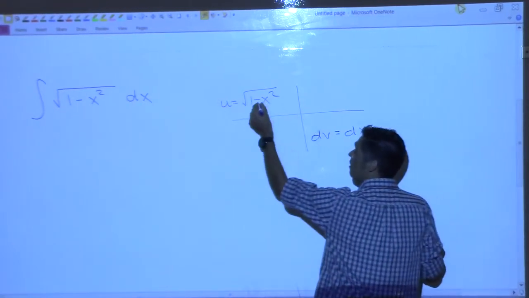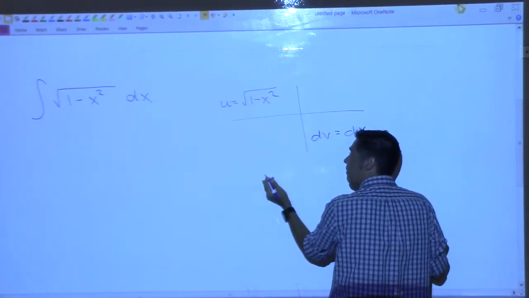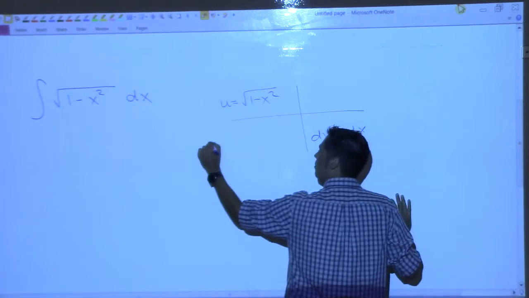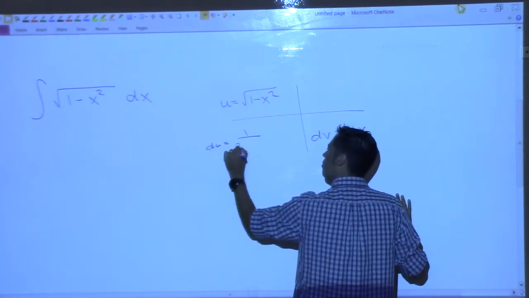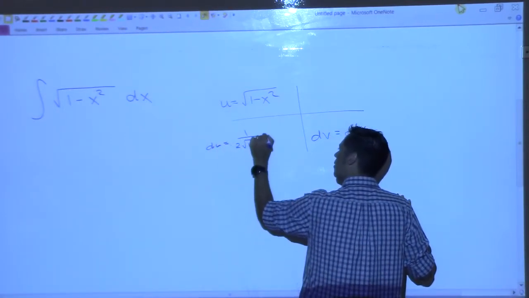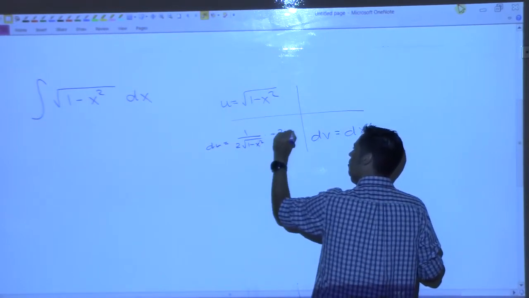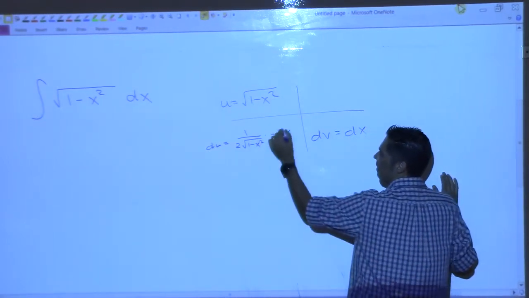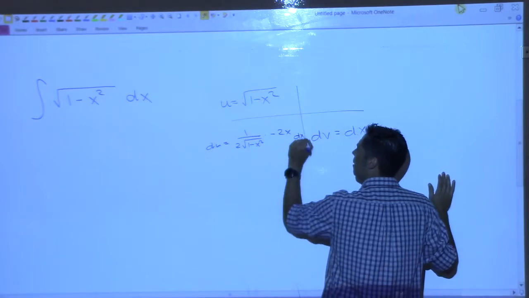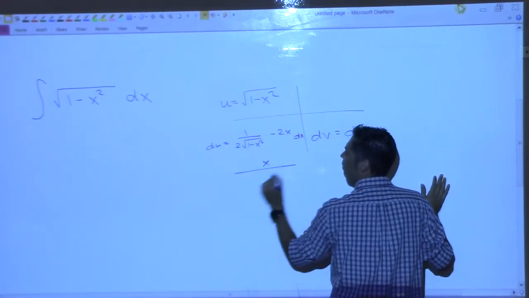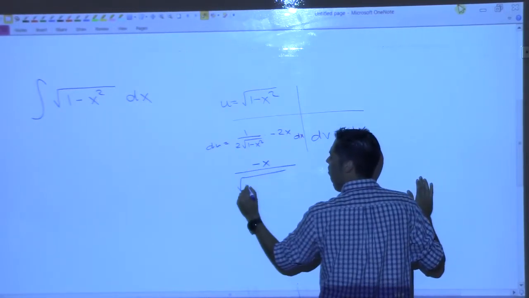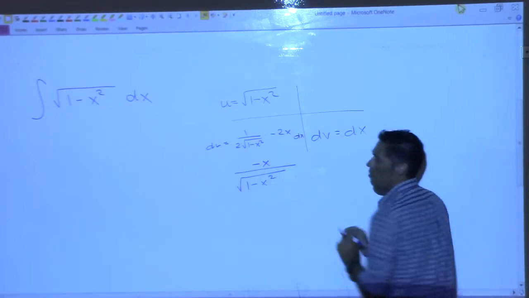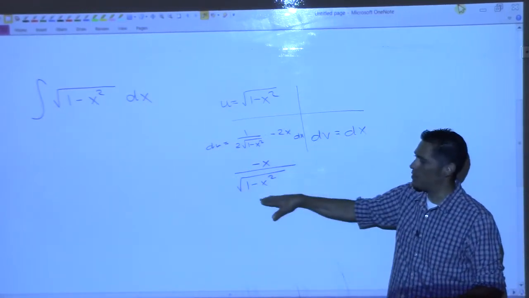And so if you take the derivative of that, du would be 1 over 2 square roots of 1 minus x squared times the derivative of the inside, negative 2x. And then the negatives cancel. So you wind up getting something like negative x over the square root of 1 minus x squared. Agreed? That would be the derivative of this.